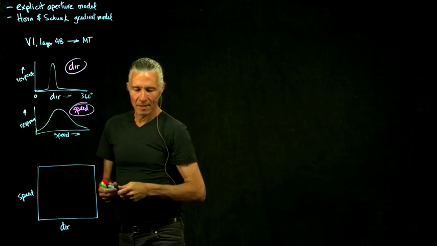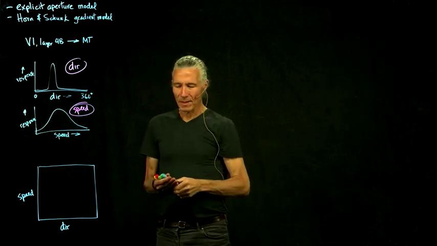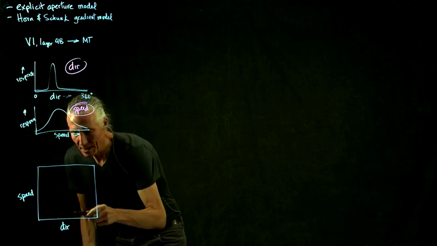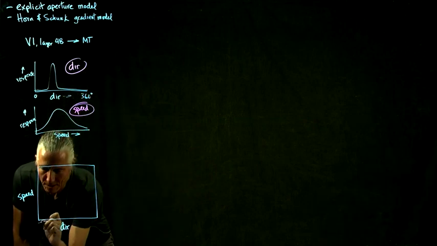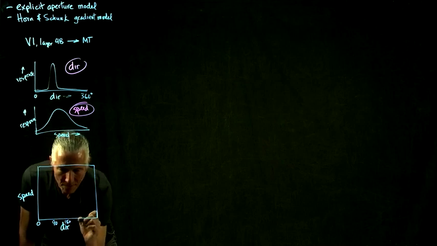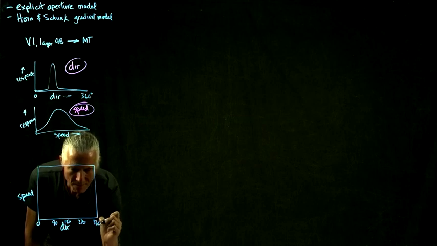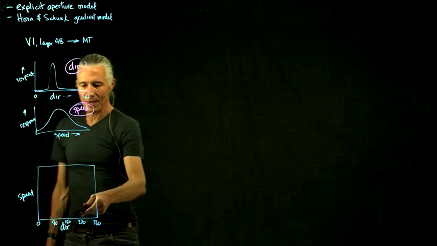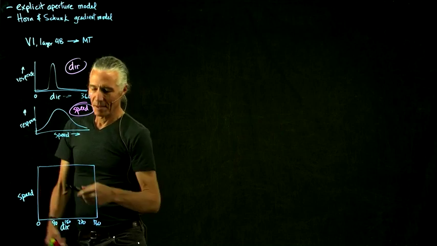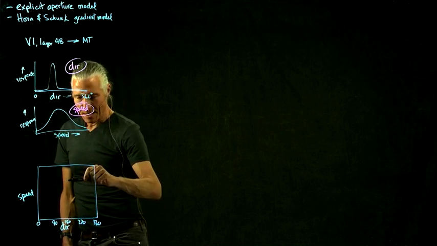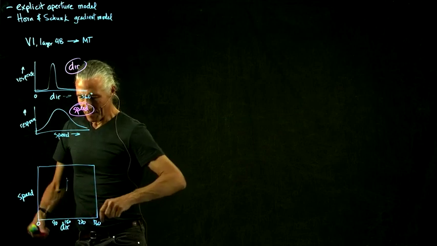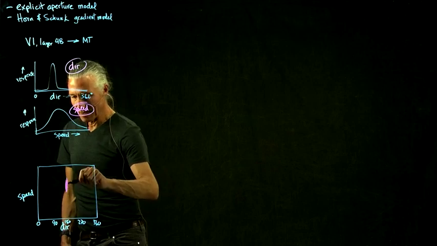So what does the response of a cell look like? Let's label the direction: here's 0, 90, 180, 270, 360. We might have a cell that likes 180, which would be to the left. If we try different speeds at the same time, we find that it really likes pretty fast speeds.